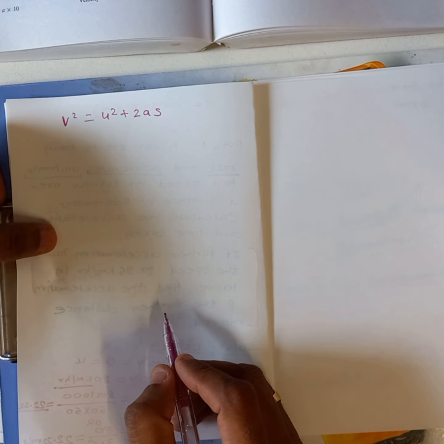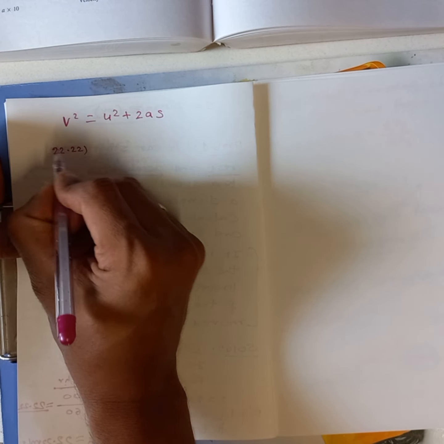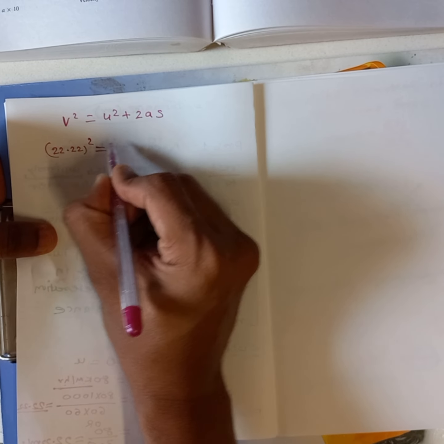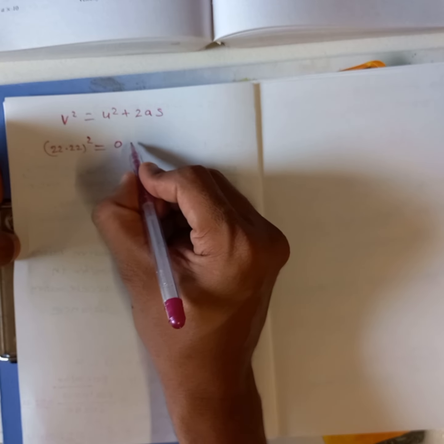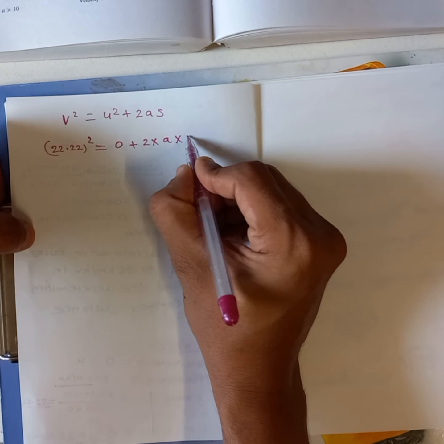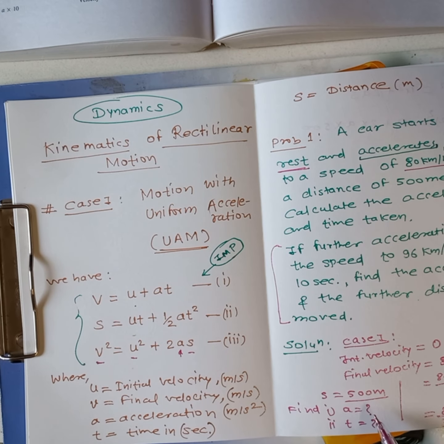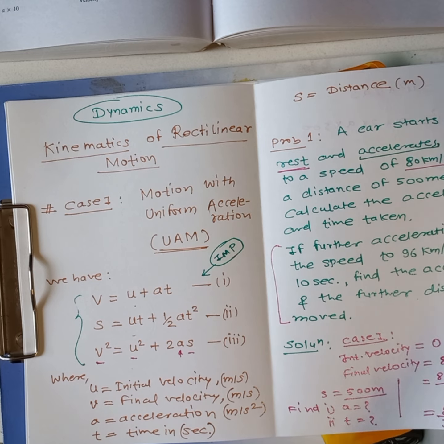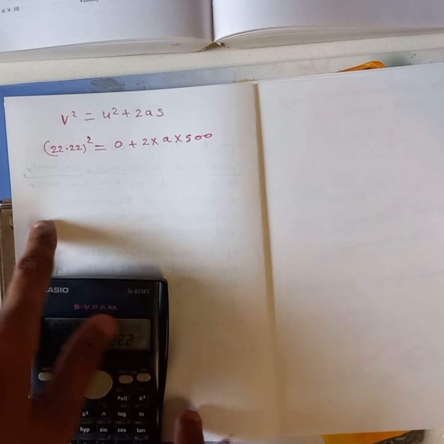Final velocity I know, that is 22.22 square equals 0, because initial velocity is 0, plus 2 into acceleration, which I have to find, multiplied by 500 because S is given as 500. Hope it is clear to you. Just solve this.